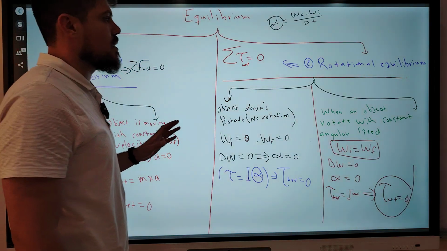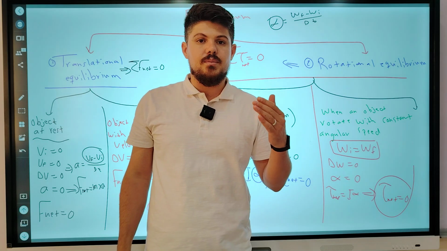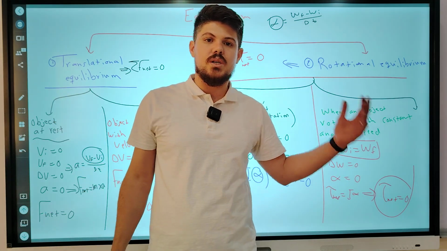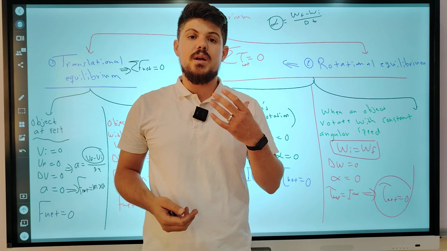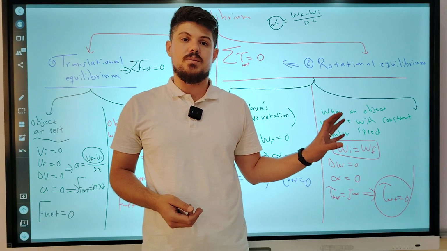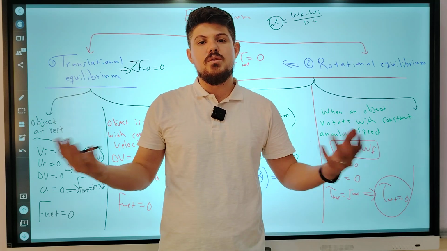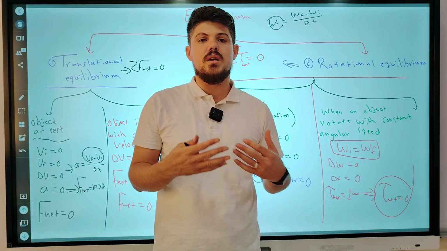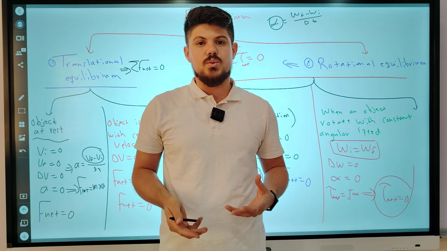This is the two conditions of equilibrium. It is very important. I'm going to review, please. We have two conditions of equilibrium: translational equilibrium and rotational equilibrium. When an object is at rest, there is no movement, V initial and V final are both equal to 0, so delta V is also equal to 0.